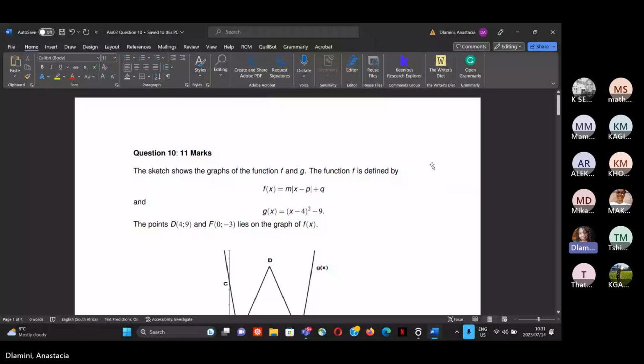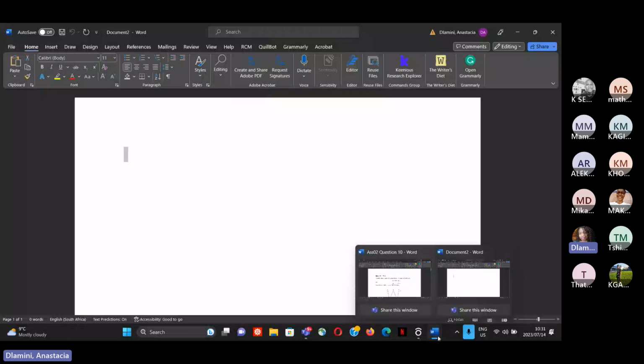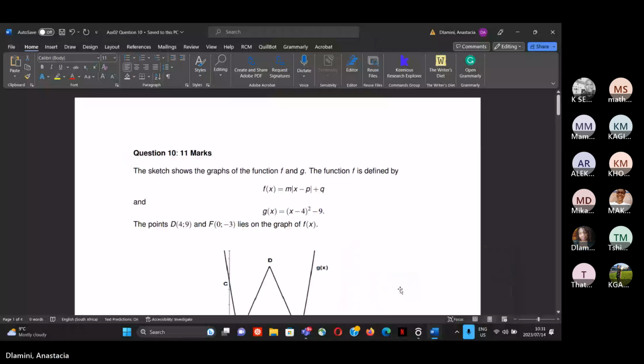So as I promised on the last discussion class, we'll start with question 10 now. Question 10. Did anyone find a problem? Did anyone find question 10 is a problem, for those who were not in the discussion class last week?